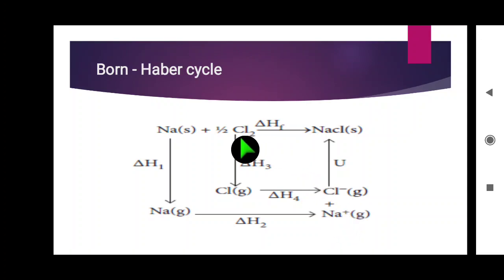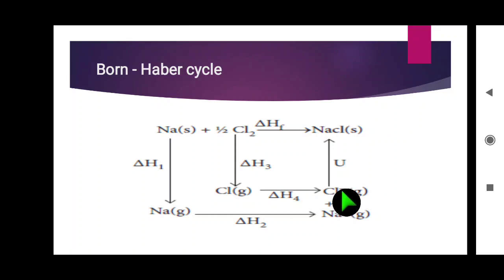Now come to the chlorine molecule. The molecule turns into single atoms. Delta H3 is dissociation, Cl2 to Cl, molecule to atom, and chlorine is a gas. So delta H3 is the dissociation energy. Then gas to gas, but chlorine gains an electron and gets a negative charge.